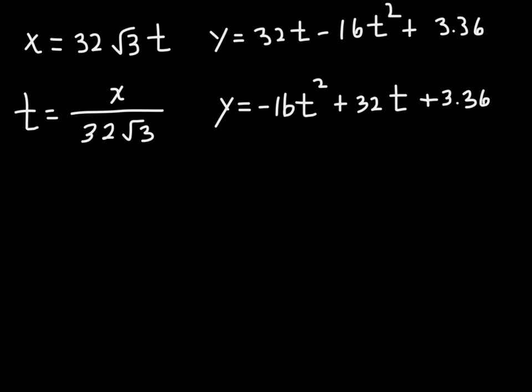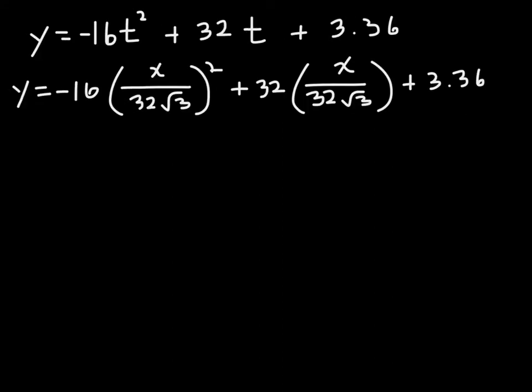Now, just like we did in an earlier example, I will take this value for t and plug it into this parametric equation. Remember, we have a pair of parametric equations here. We took this parametric equation, solved for t, and now we will plug that into this other parametric equation. So wherever you see t, I will replace each of these t values with this expression.